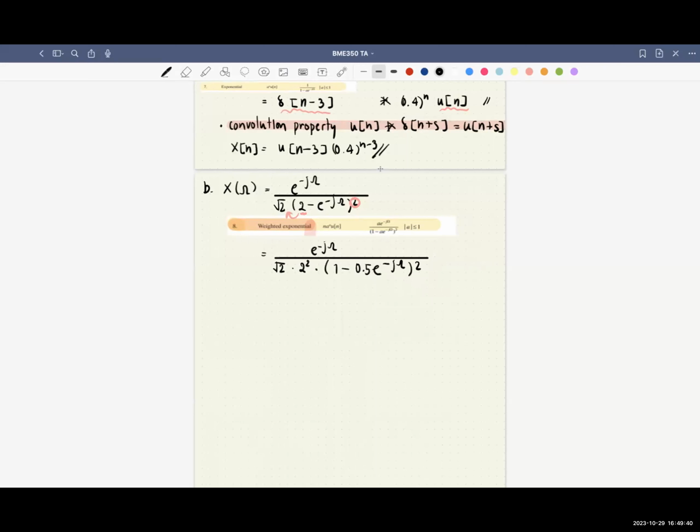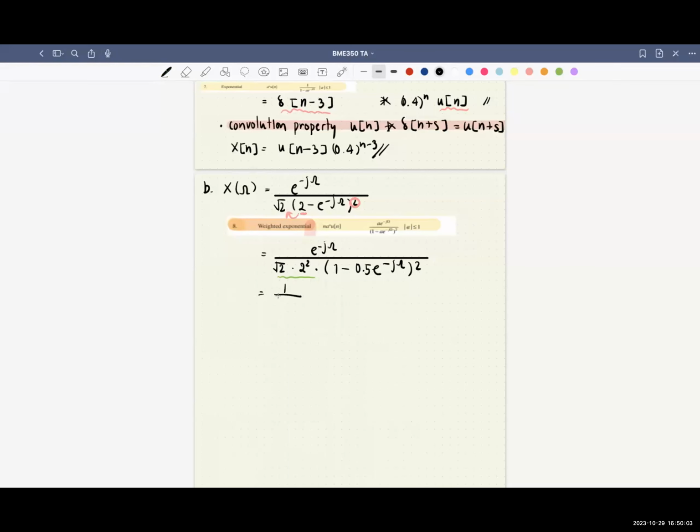All right, everyone, please help me check if I make any mistake in this process. Okay, I'll continue. I'll separate these two from the term.